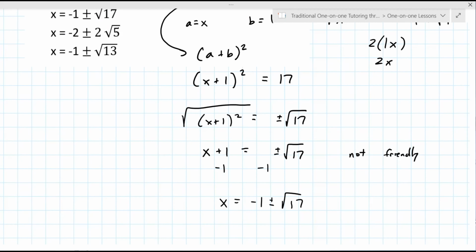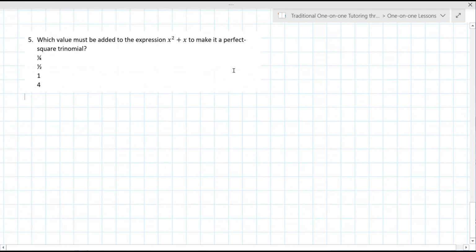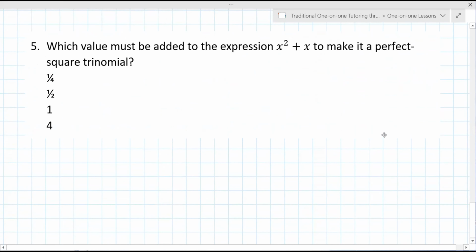Okay, so let me see. So those are the perfect square trinomials. Let's go do number 5 because it's related. And then we'll move on to a new grouping of questions here.